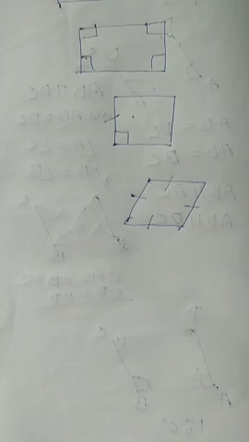First we define a parallelogram from a quadrilateral, and from the parallelogram we define other quadrilaterals, that is rectangle, square and rhombus. So this is the definition of parallelogram, square and rhombus.